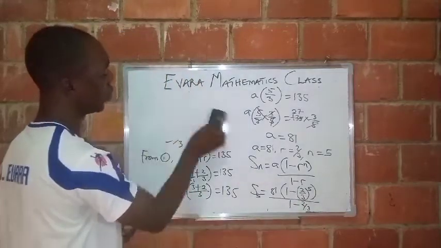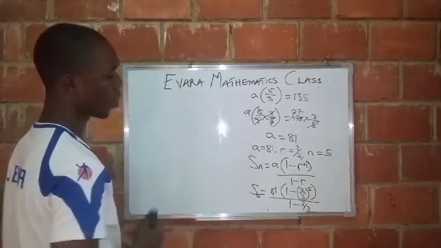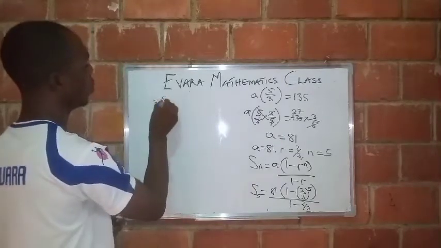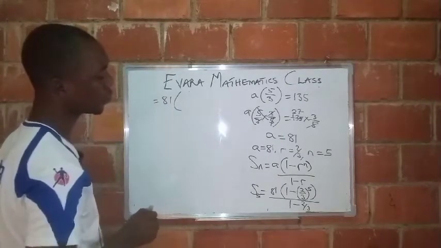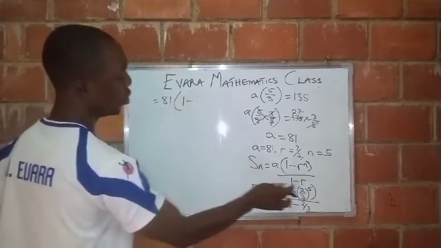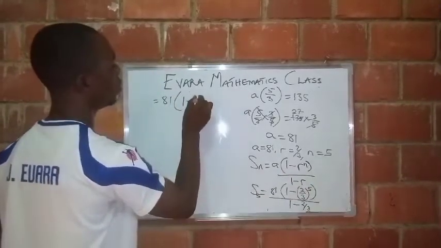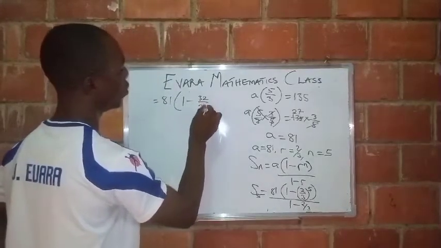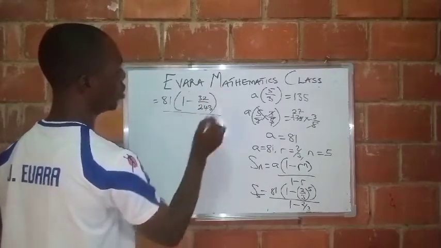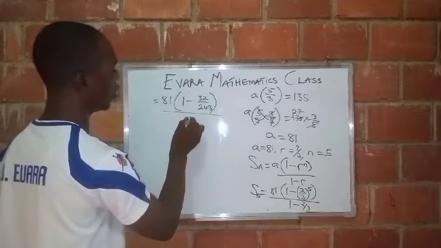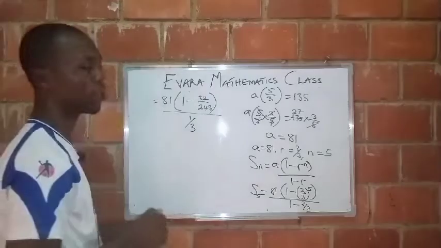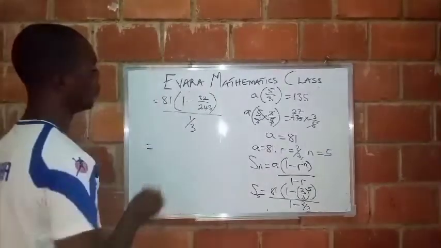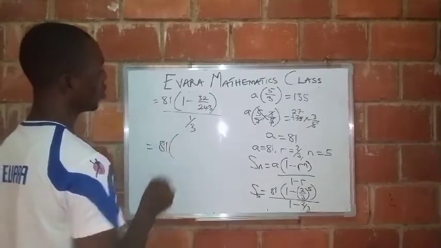So now we have 81 into 1 minus 2 raised to power 5, which is 32, over 3 raised to power 5, which is 243. 1 minus 2/3, that is 1/3. So we have 81.